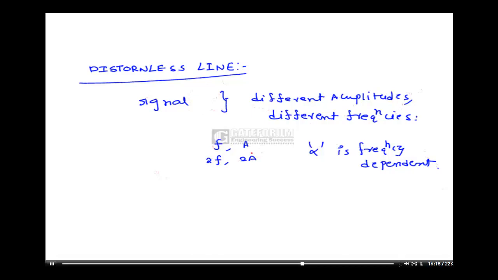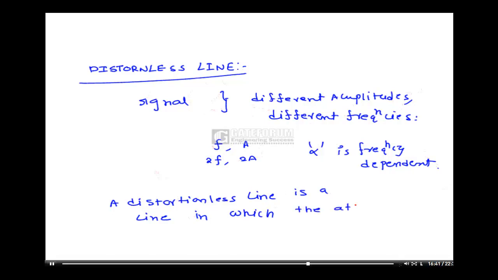So how can we define a distortionless line? A distortionless line is a line in which the attenuation constant alpha is frequency independent.